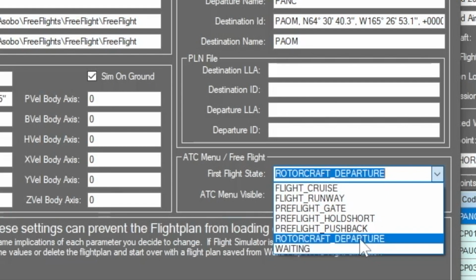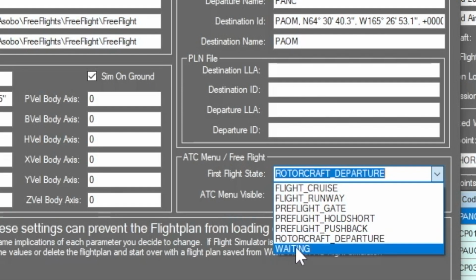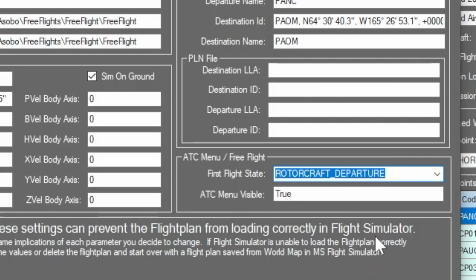You can also use this if you just want to randomly spawn a helicopter at the end of your street. You can do that, set it to rotorcraft departure, and your helicopter will spawn at the end of your cul-de-sac, ready to go. Waiting is typically just used for games, like if you're in the Reno Air Races, but before you've actually started the race, it'll have a status of waiting. So there's really nothing for me to show on those.